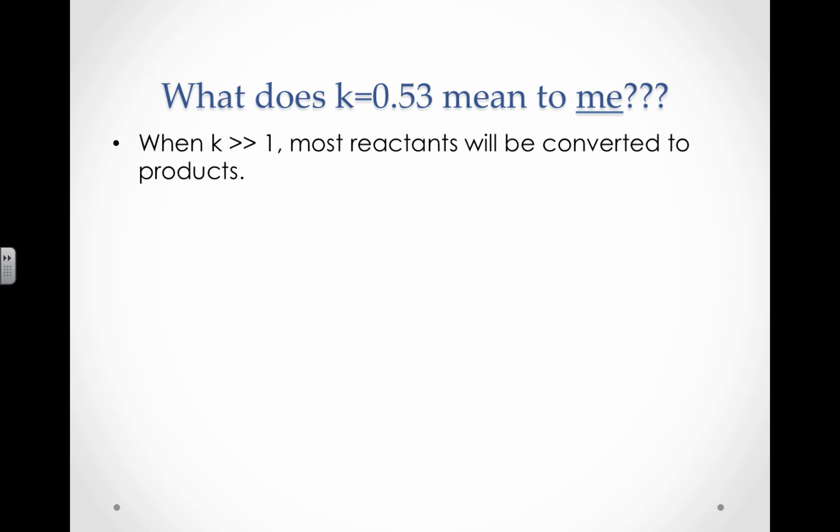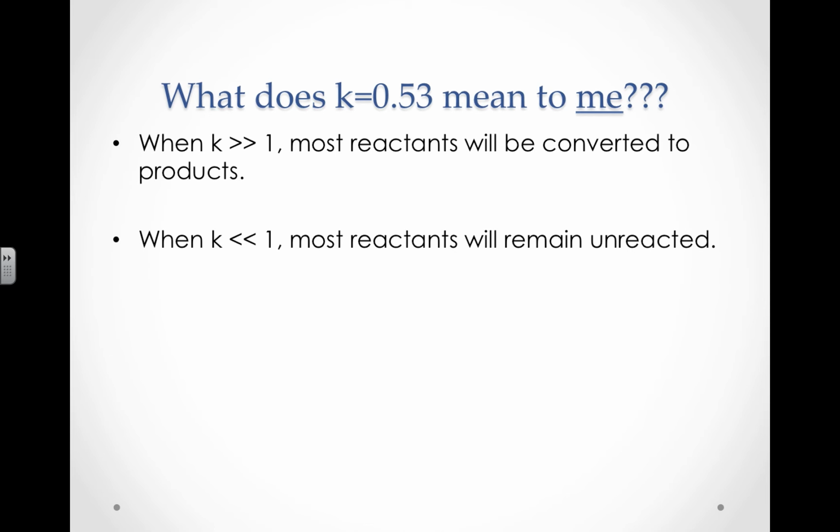Well, if Kc is much greater than 1, then most reactants will be converted to products. In other words, this would be a product-favored reaction. Think about the form of Kc. It's products divided by reactants. So if we have a lot of product and not a lot of reactant, we have a lot of numerator and not a lot of denominator, then K will be much larger than 1.